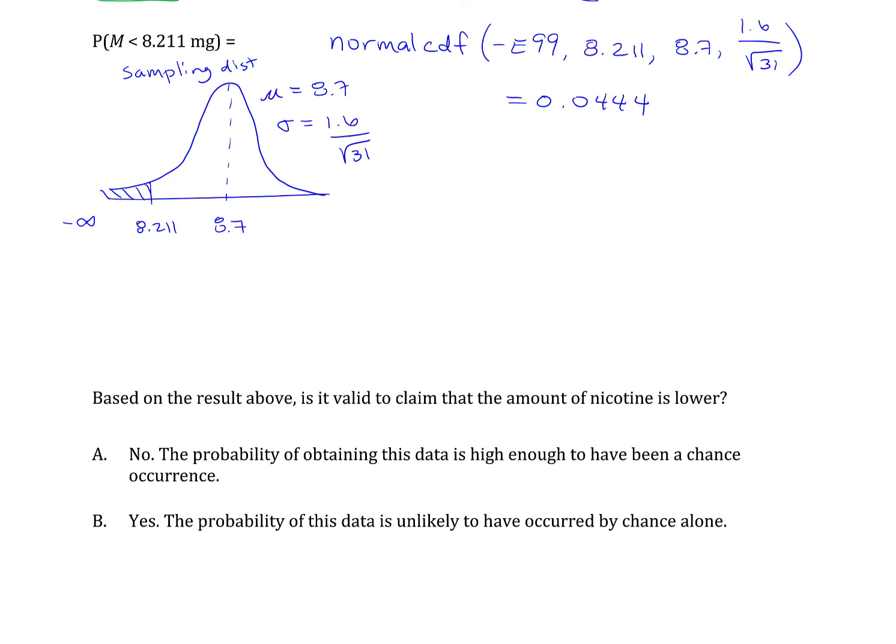So the question says, is it valid to claim that the amount of nicotine is lower? I would say yes. It's a valid claim, and the reason being, the probability of this data is unlikely to have occurred by chance alone. Because the probability is so small, it's probably not happened just because of random chance. So it's probably happened because the nicotine actually is lower in these.